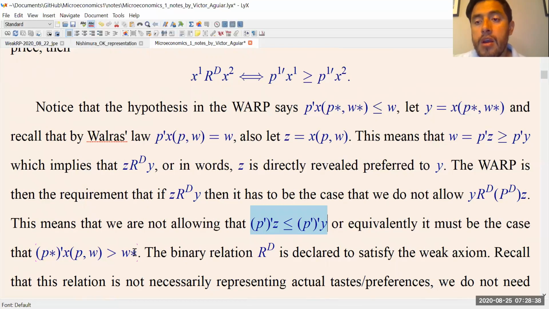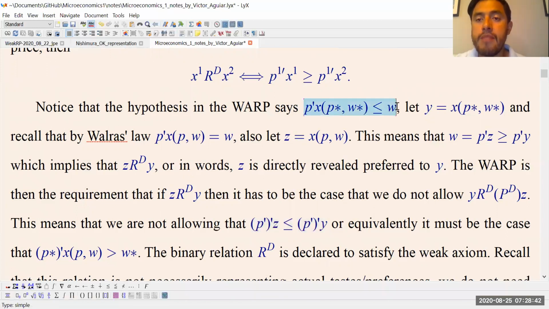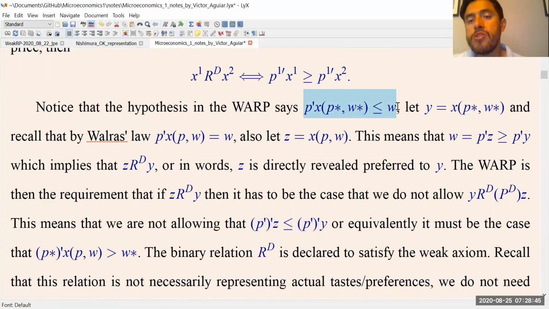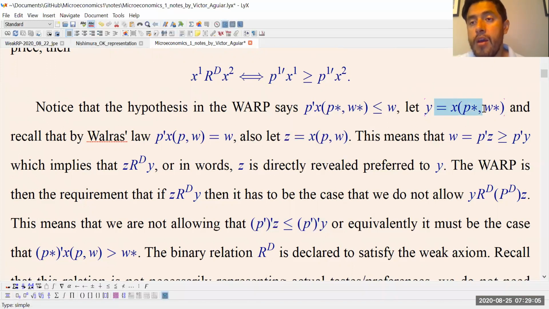So in simple words, the premise of WARP is telling me a key piece of information: the original demand is picked when the second demand quantity is affordable. So that must mean that the original quantity, which is called here Z, is directly revealed preferred to the second quantity Y. So WARP requires the consumer to not change their preferences in the new budget situation.